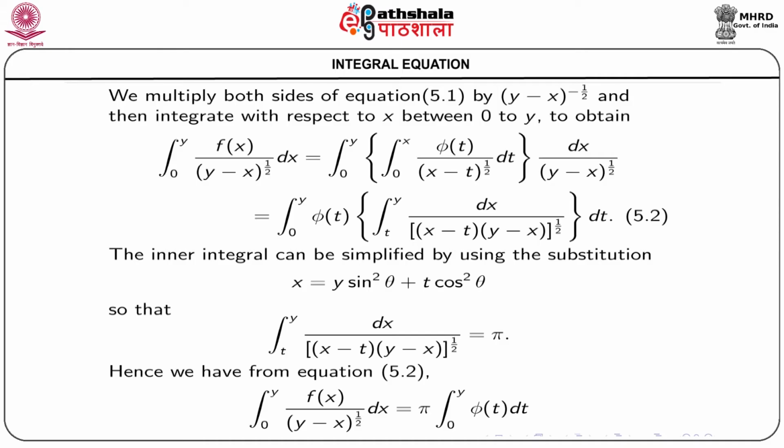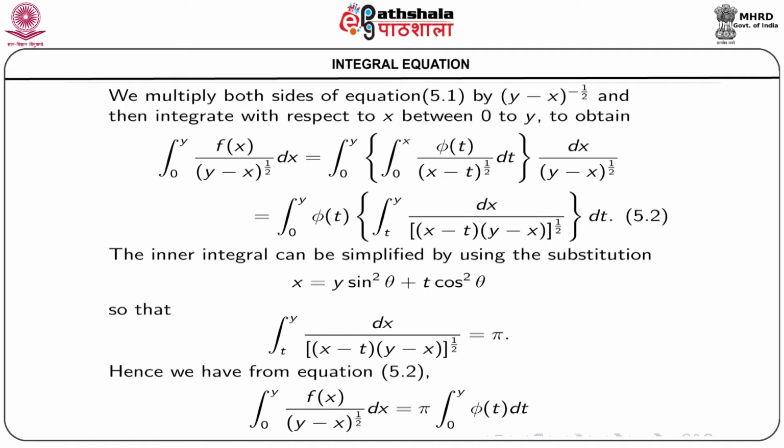This interchange of order of integration has been explained in chapter 1, module 2, and we use this standard method to interchange the order of integration, where the t integral now becomes the outer integral and the x integral now becomes the inner integral. Range of t integral is from 0 to y and the range of x integral is from t to y.